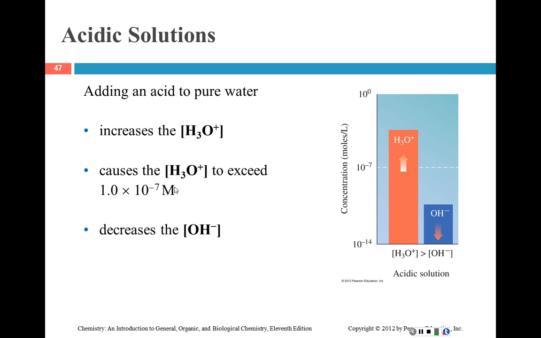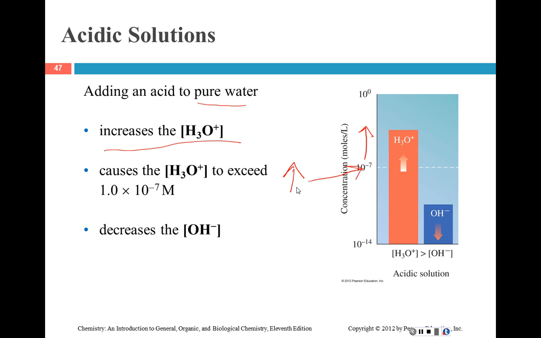If you add acid to pure water, you're going to increase the hydronium. This causes the hydronium concentration to go above 10 to the minus 7. Okay, now remember how this works.